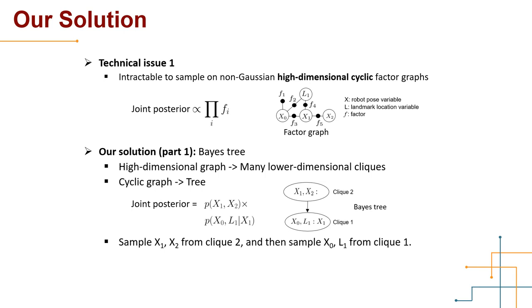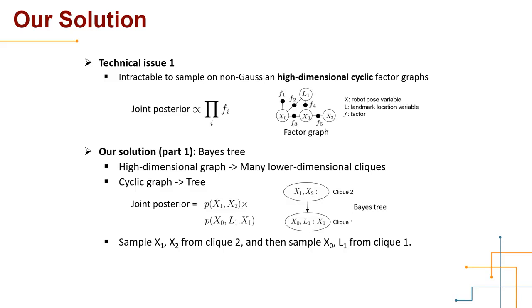The first technical issue lies in the graphical structure. SLAM problems are usually high-dimensional and cyclic, so it's hard to sample the target density directly. Part 1 of our solution is to deal with this issue by the Bayes tree. From the perspective of the Bayes tree, the high-dimensional graph can be viewed as many lower-dimensional cliques.